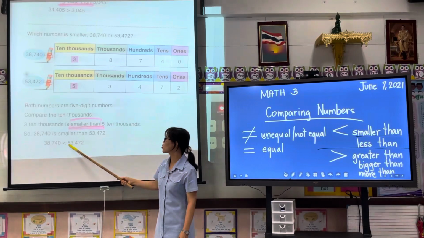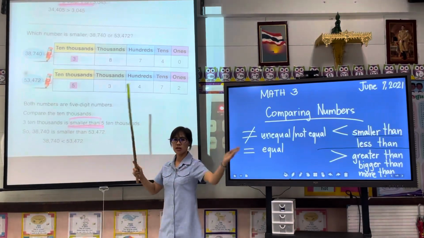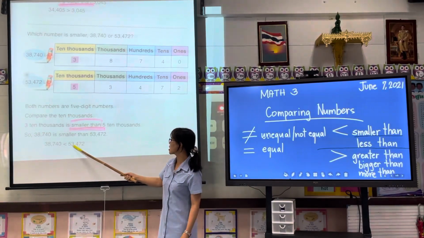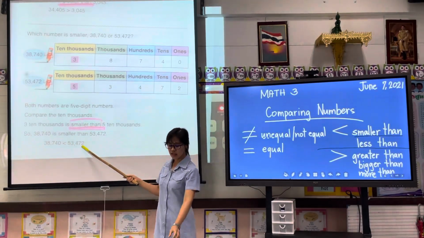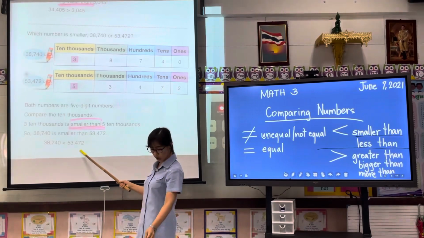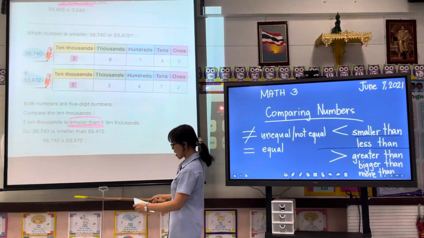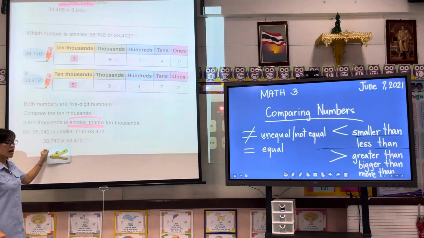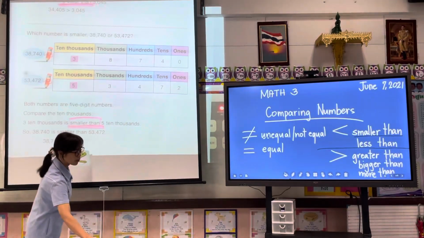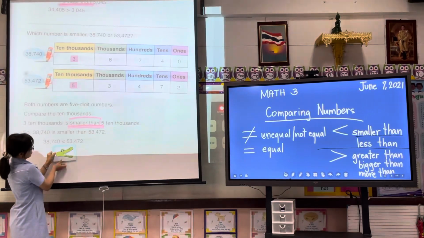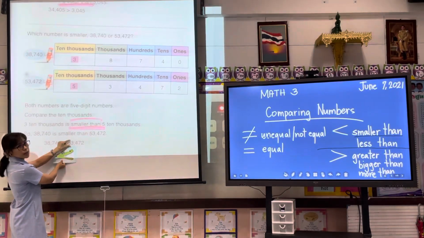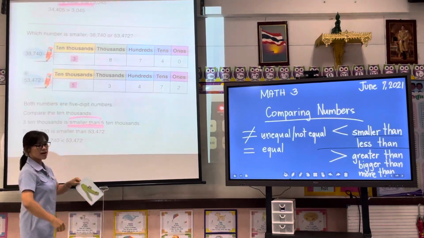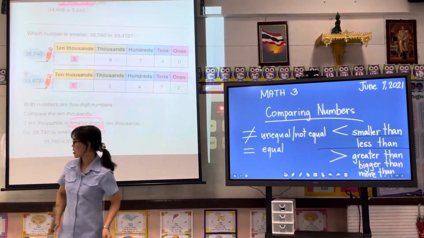He always wants to eat the bigger number, which is 53,472. Again, open the mouth of your sign to the bigger number. Okay? Alright. Okay, next.